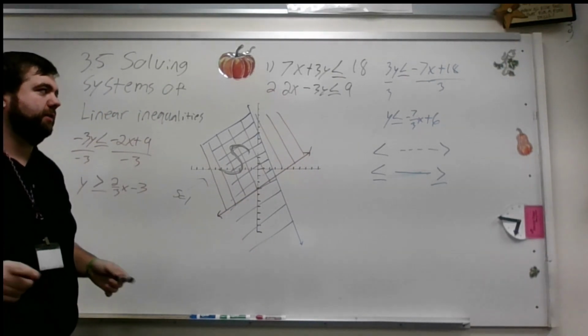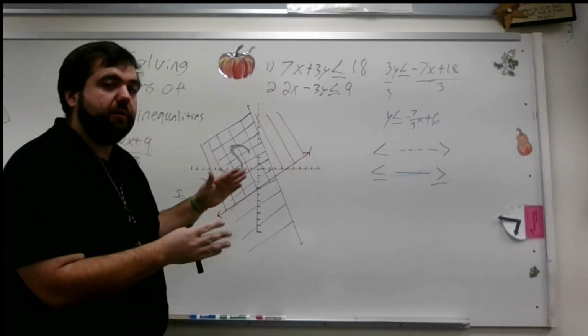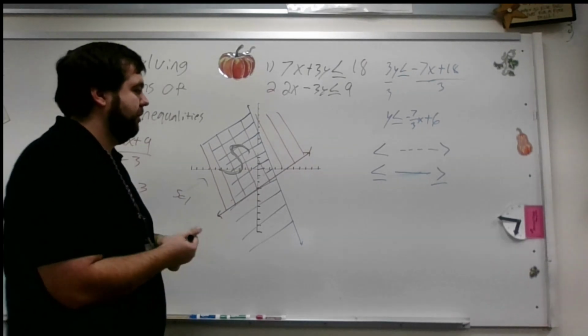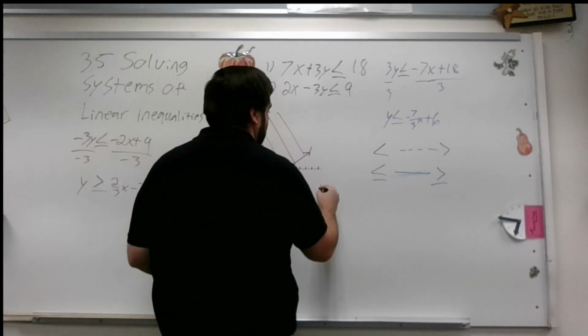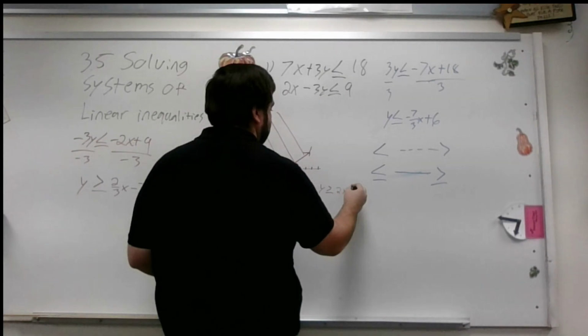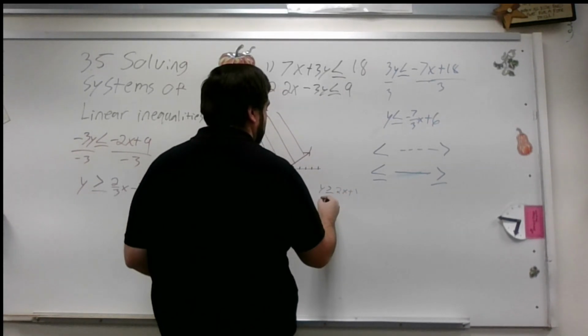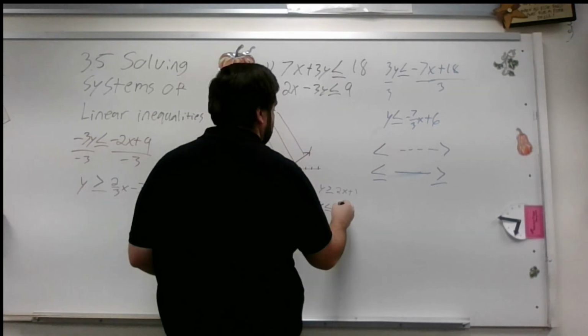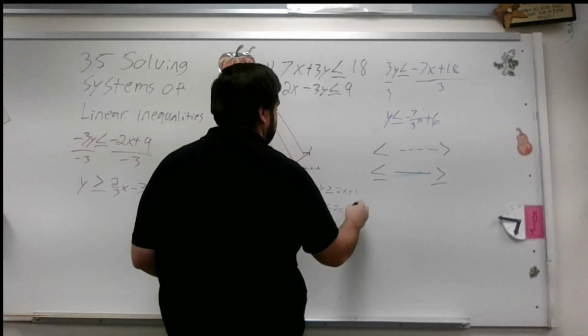One important thing to remember, if you have parallel lines, you can still have a solution. The thing is, you need it to be, let's just say, y greater than or equal to 2x plus 1, y less than x plus something.